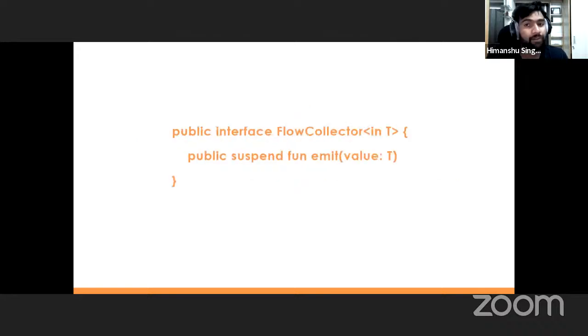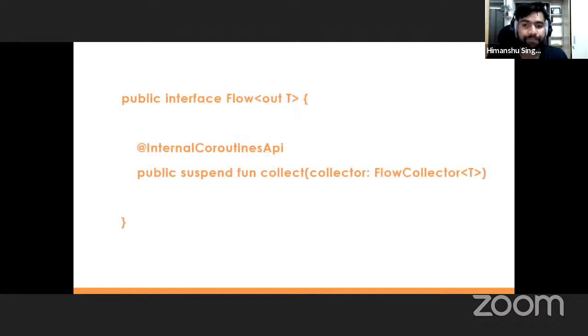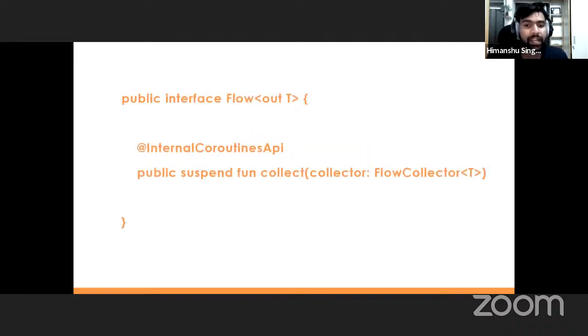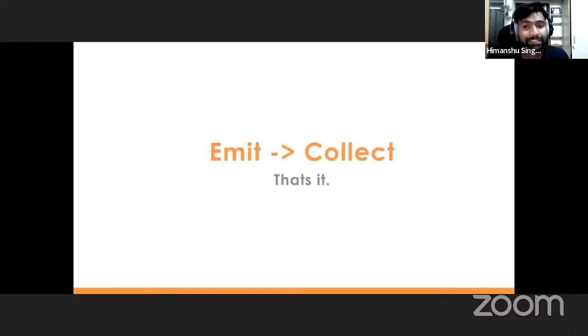Now that specific FlowCollector is also an interface in Flow, and that has an emit value. So we can emit a value from this interface itself, and the Flow interface would start collecting the values. So basically, these two interfaces, emission and collection, that's it.